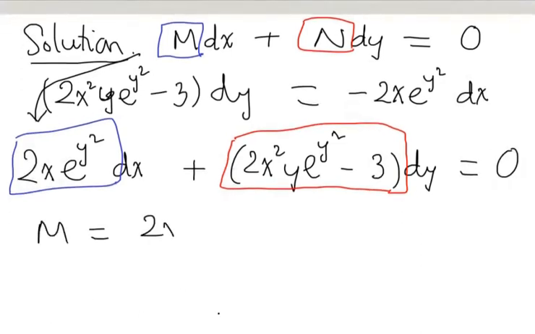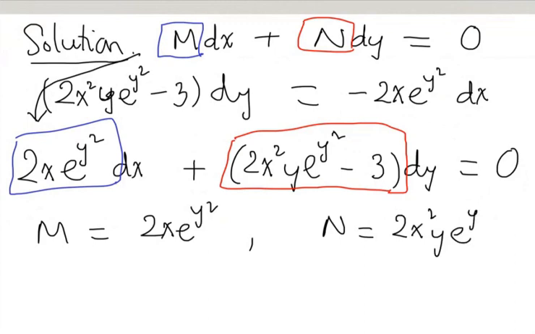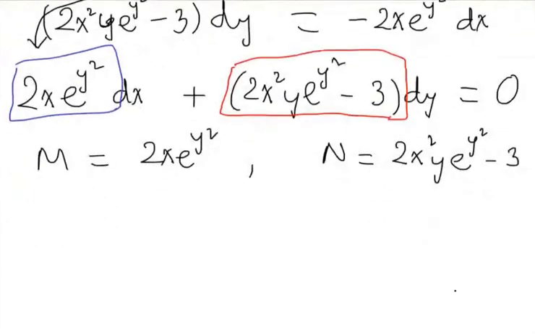M is 2x e to the y squared, and N is 2x squared y e to the y squared minus 3. Now let's check for exact equation.